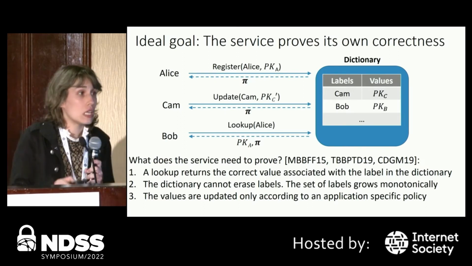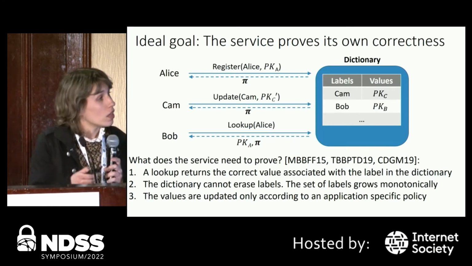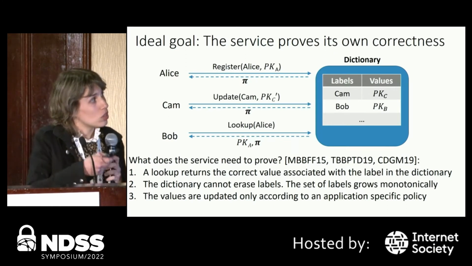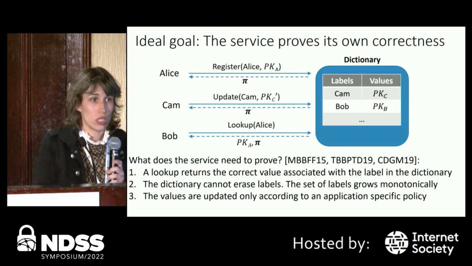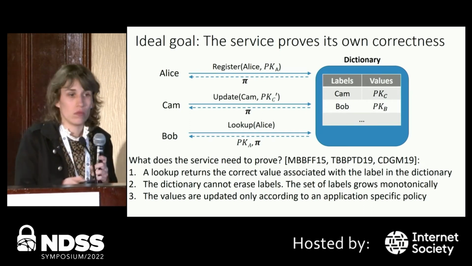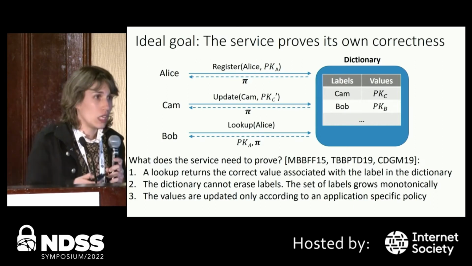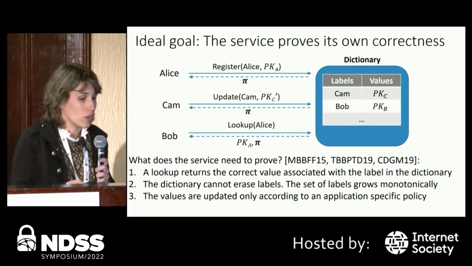For instance, in the case of end-to-end encryption, we might require that whenever an operation is done to a user's set of keys, these operations should be authorized by the user, by, for instance, requiring that the operation should be signed by one of the keys that already is in the dictionary.